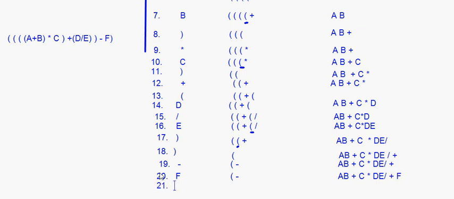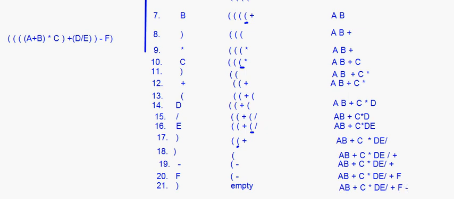Then finally the closing bracket. Now here the stack will become empty. Fine, because there's only one corresponding opening bracket here, it will be popped out, right? So AB plus C into DE divided by plus F, and then finally minus, right?